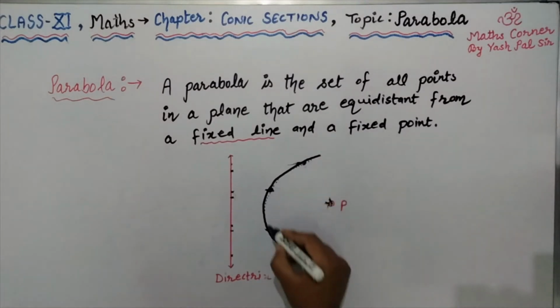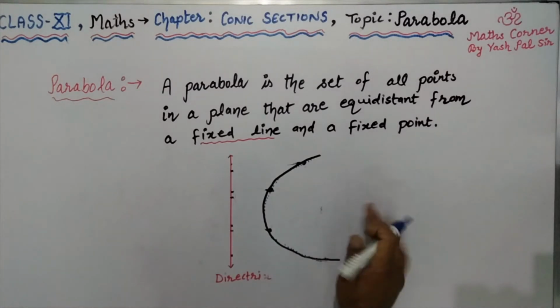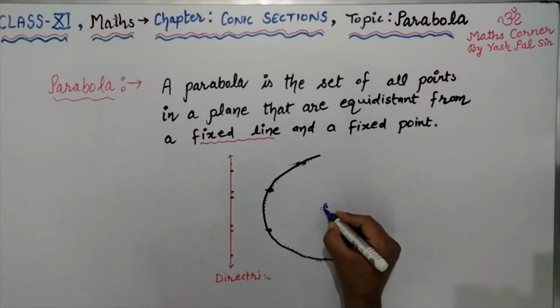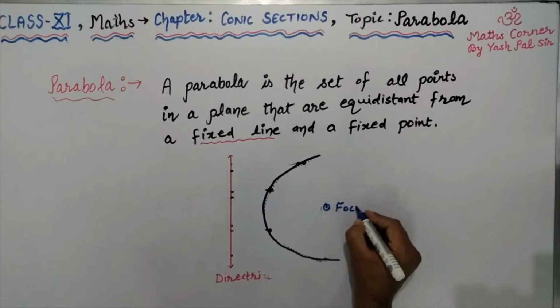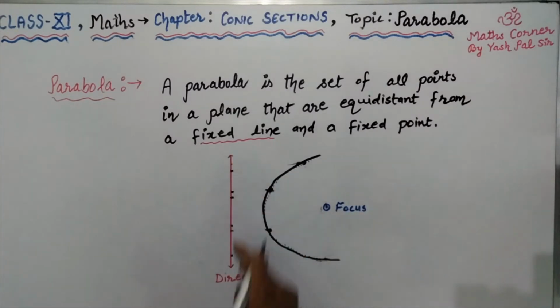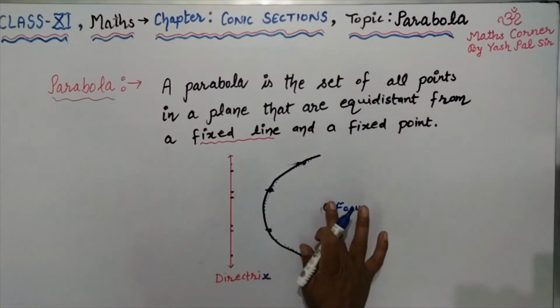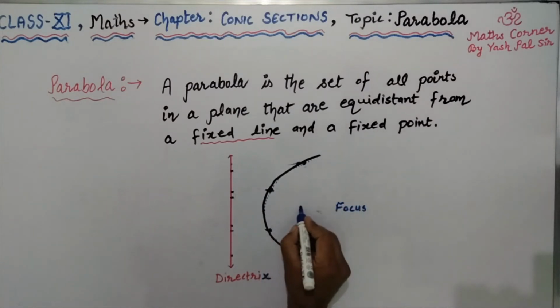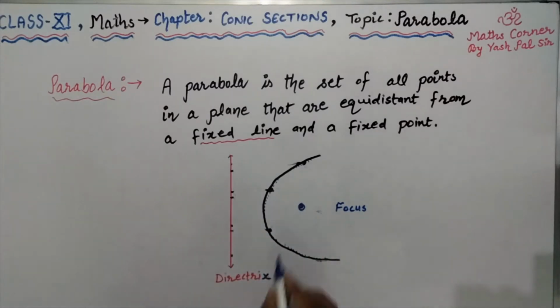So this is a parabola. Now also this fixed point is called focus of the parabola. The fixed line is called directrix of the parabola and fixed point is called focus of the parabola. Okay, now one thing is here, this is the focus.